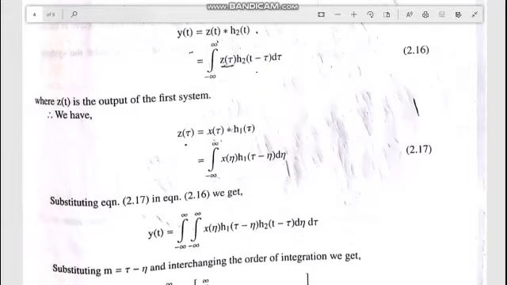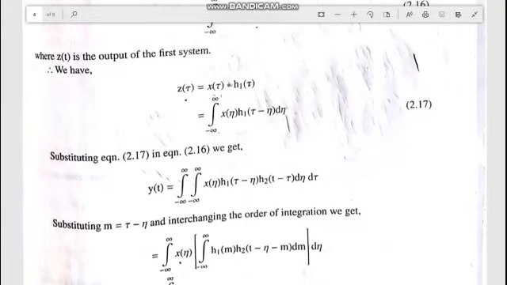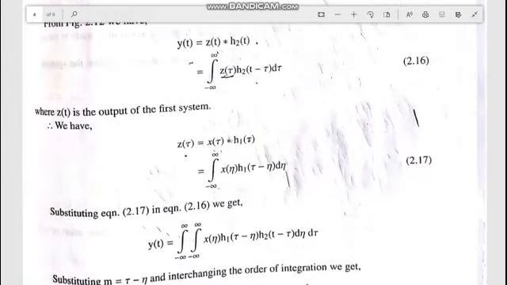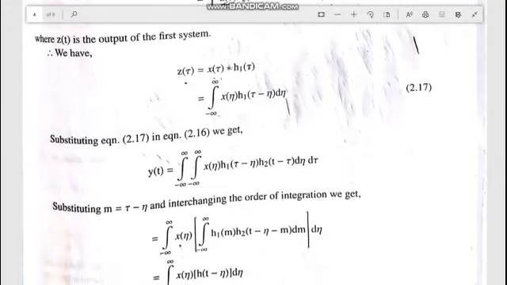So we can write the above equation as a double integration, substituting this z of tau in the above equation, that is 2.16. So we'll get the double integration from minus infinity to plus infinity of x of eta, h1 of tau minus eta, h2 of t minus tau, d eta d tau.